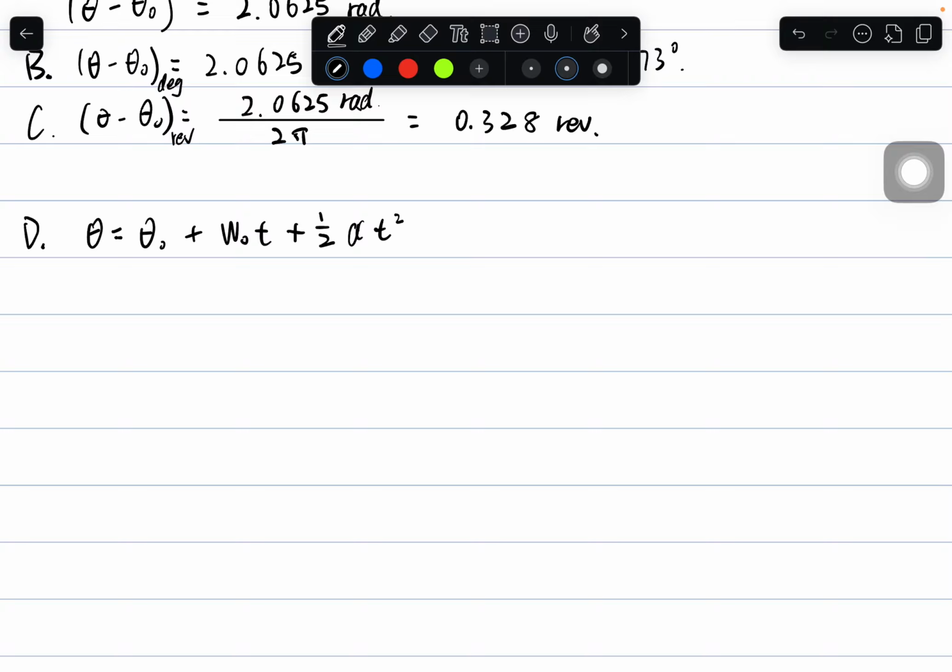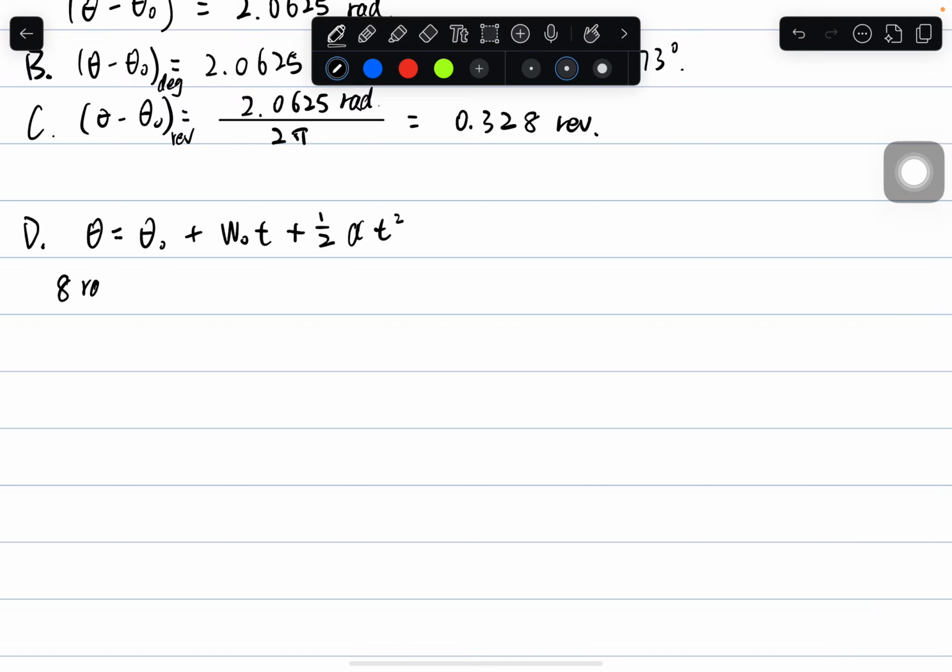As for the angular acceleration, now we just plug in all the values.